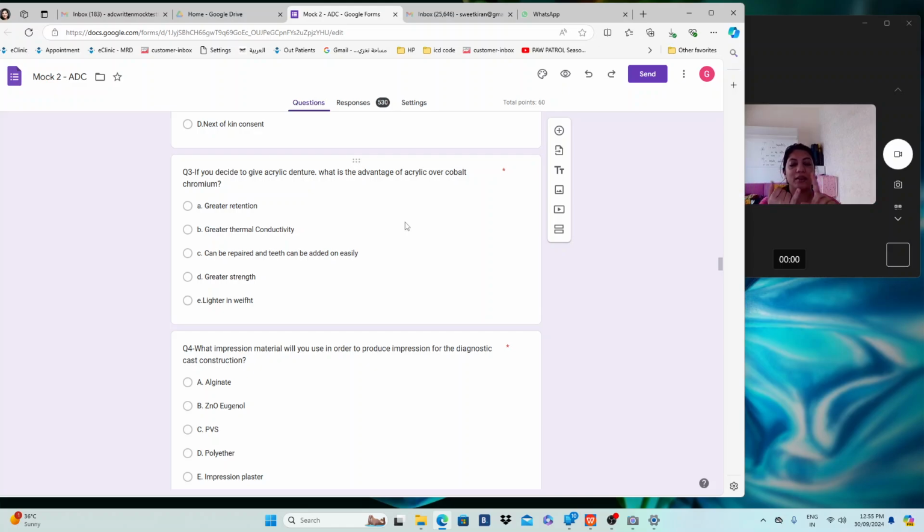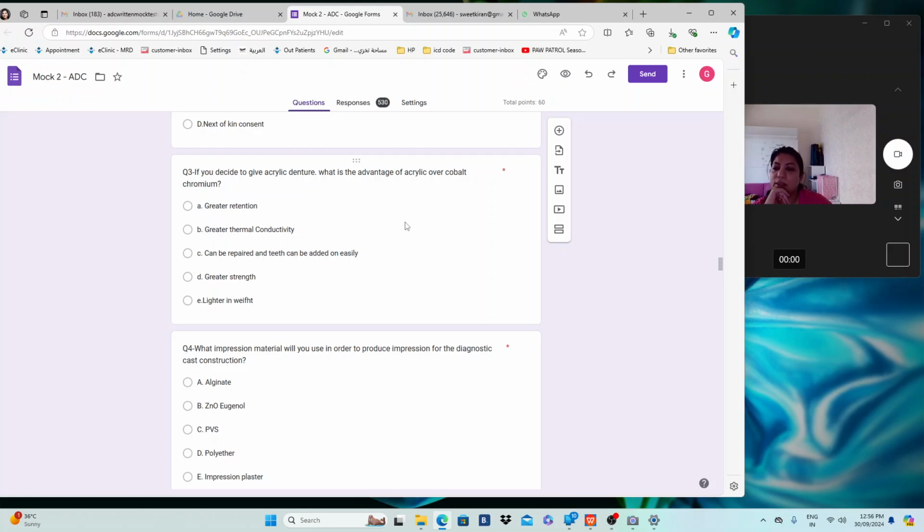So cobalt chromiums are expensive, but they are more stable and they last longer. But a tooth cannot be added in that. So in this particular scenario, if you feel there are more teeth which are wobbly, and sooner or later, because of the periodontal disease and age related changes, the tooth is going to go away, then acrylic denture is the denture of choice.